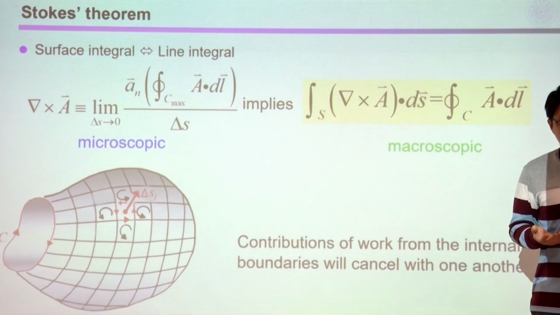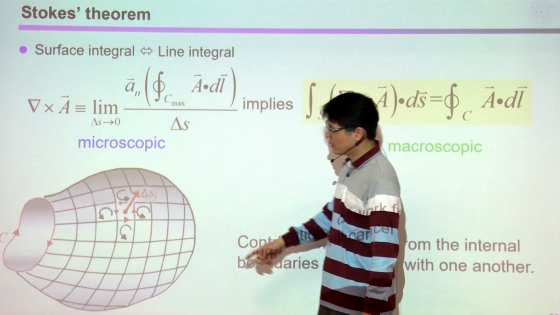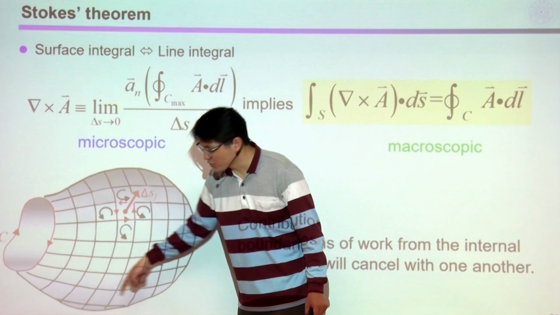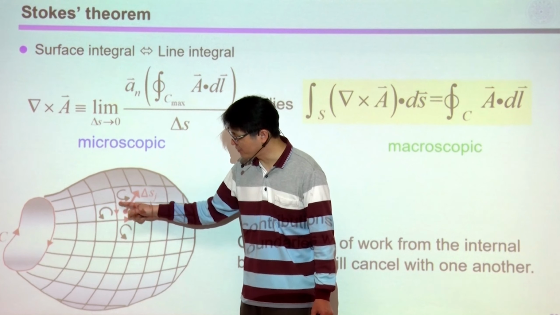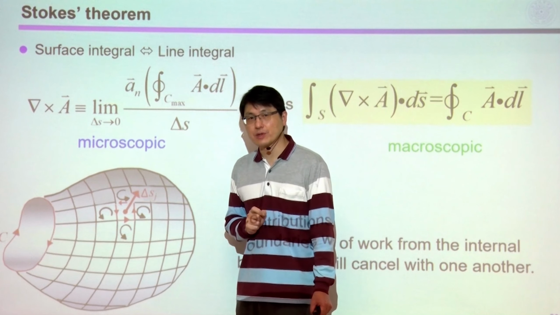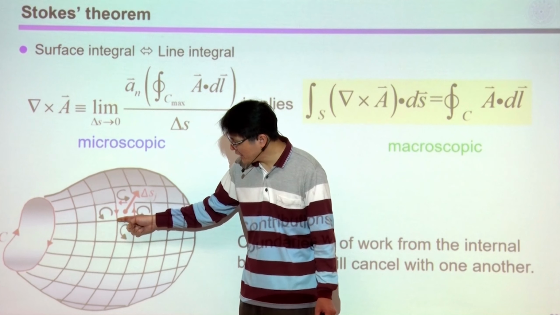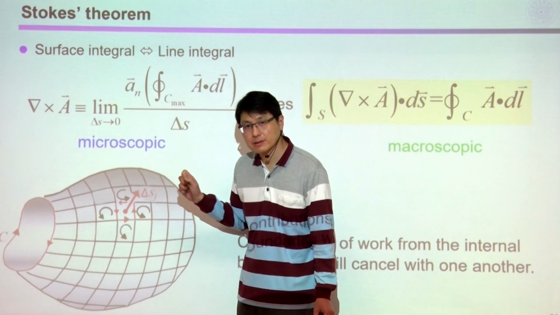So how to understand it? How can these two be equal? Let's take a close look. Over this fish net, I divided it into millions of small differential surfaces. For example, each surface is represented by 4 segments.